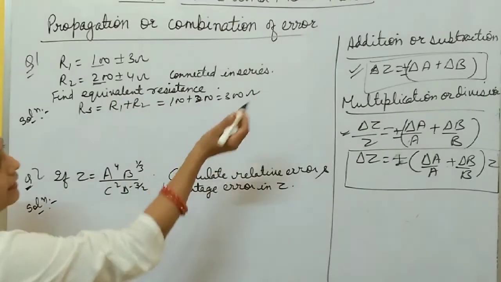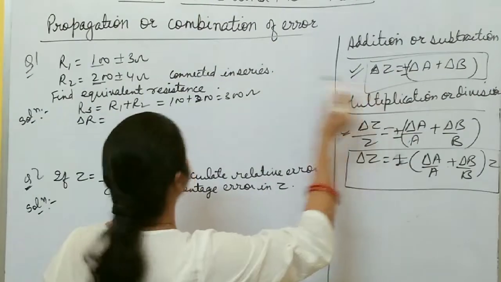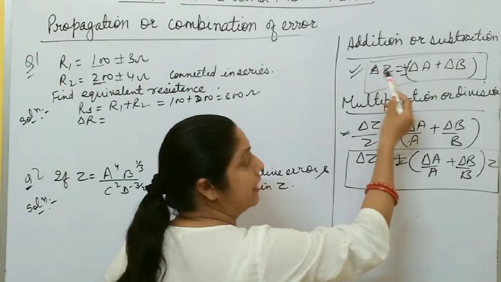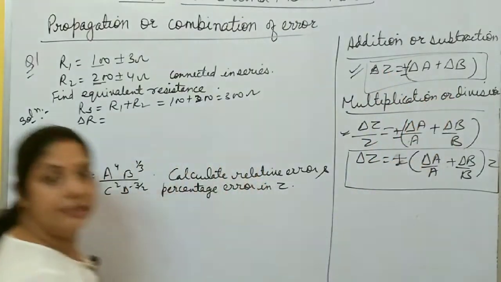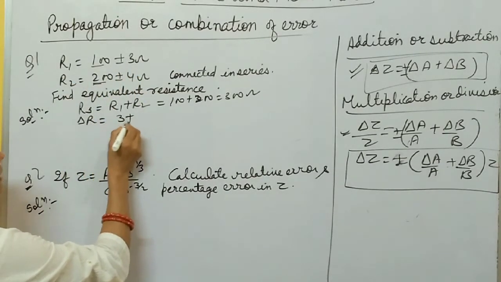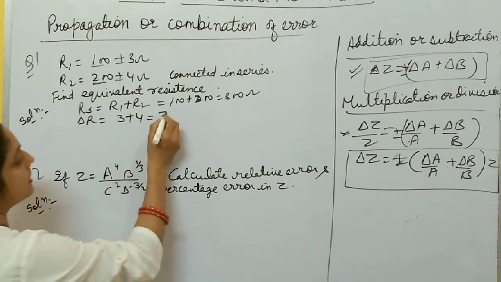Now how do you find the error? Delta R: in case of addition or subtraction, the absolute error in the final measurement is the sum of the absolute errors in the individual measurements. Here in R1 the error is 3 and in R2 the error is 4 ohm. So it becomes 7 ohm.